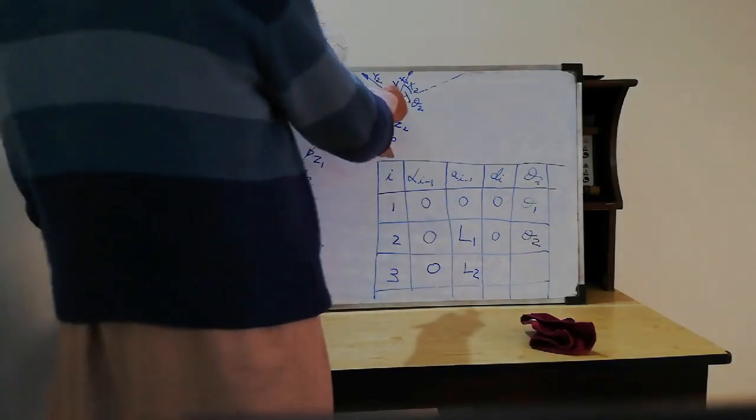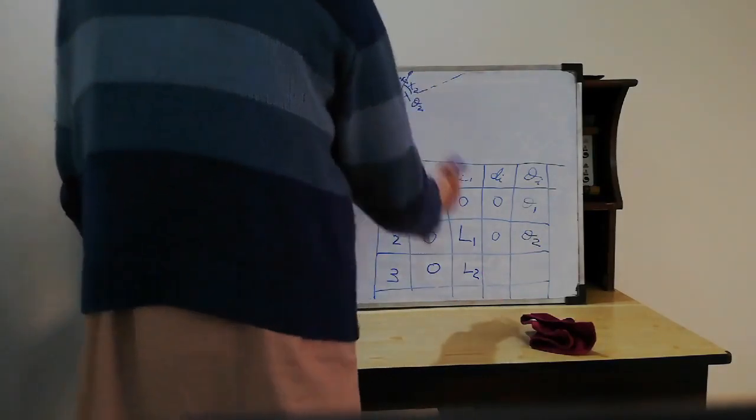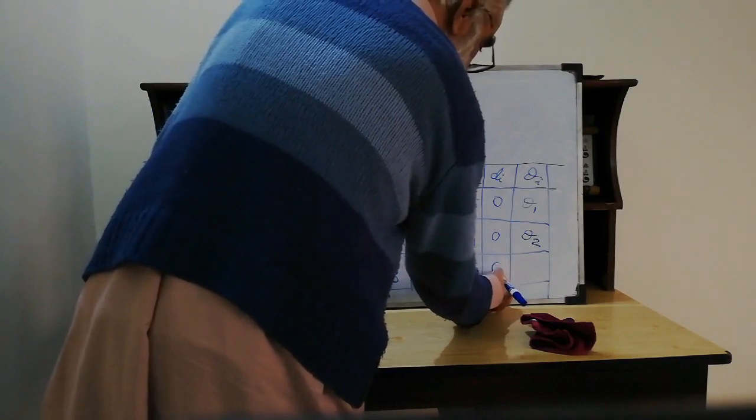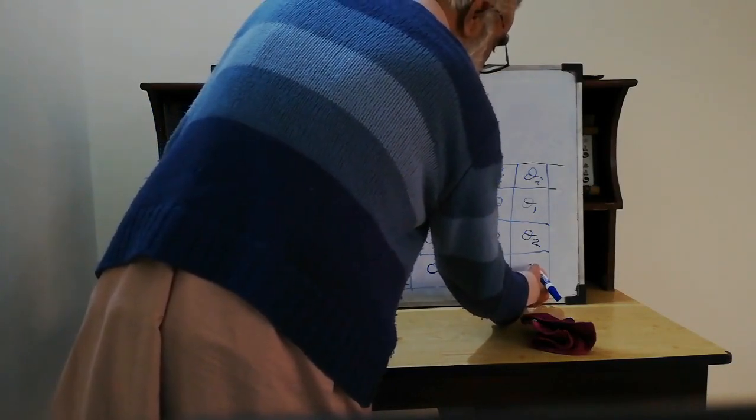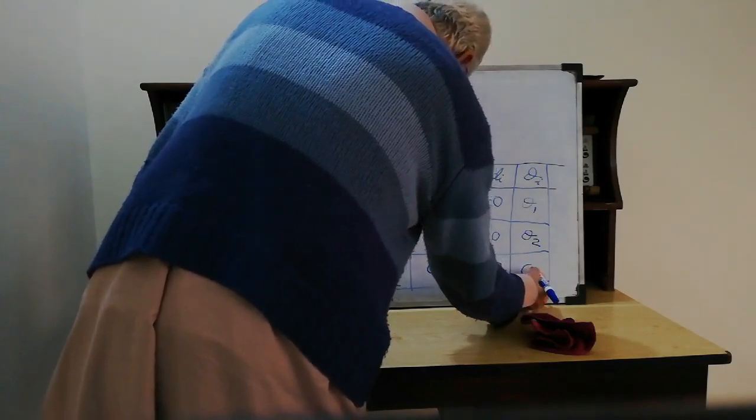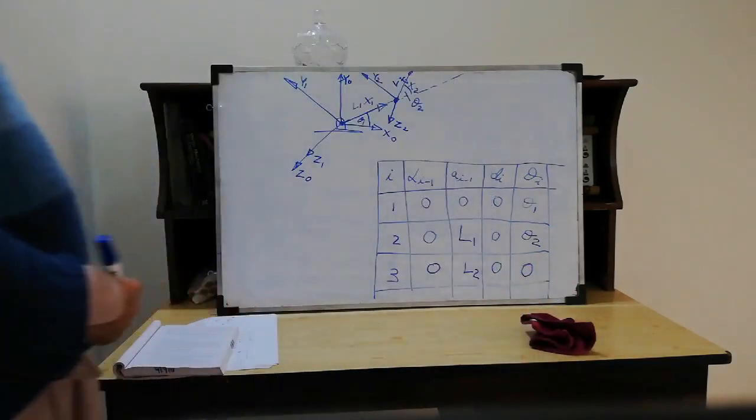There is no offset between joint 2 and joint 3, so therefore this is 0, and there is no link attached to this joint, therefore theta 3 will be equal to 0.